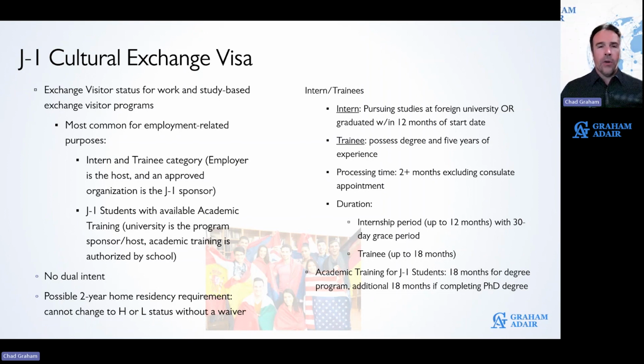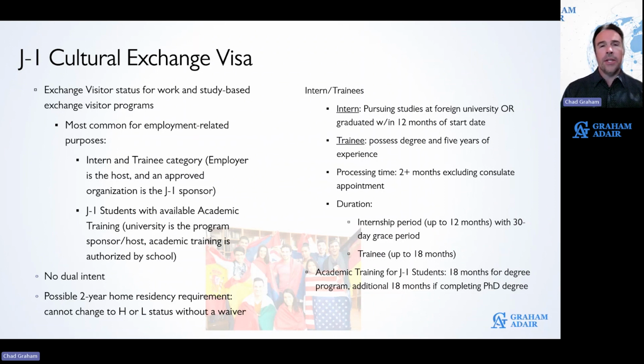There's a whole bunch of different categories within J1. You can come as a nanny, you can come as a camp counselor, and a whole bunch of different options. The ones I'm going to focus on for our purposes are the intern and trainee classifications. Within the business context, these are the two that we typically see. Interns are people who are currently pursuing studies at a university outside of the United States or have graduated within the last 12 months.